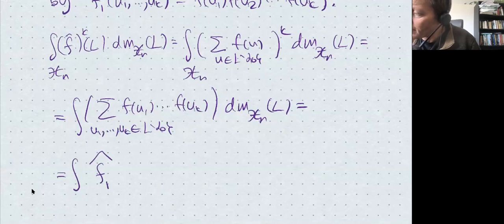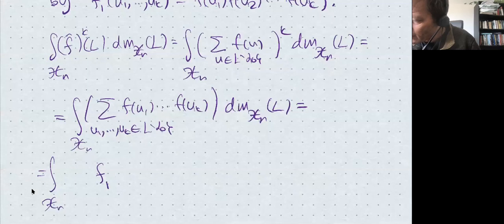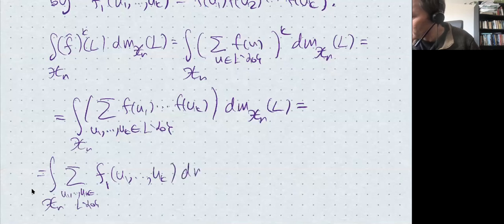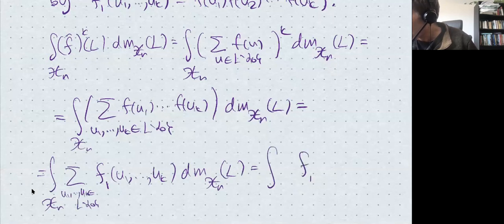This formula in here is the function f1 evaluated on v1 up to vk. So this is the integral of the sum, and we get this.